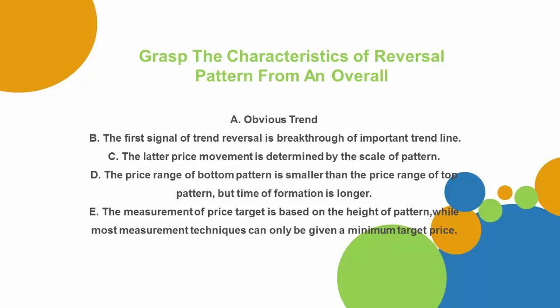The next one, the price range of bottom pattern is smaller than the price range of top pattern, but the time of formation is longer. So what does that mean? Here it tells us that this is a strong stock, maybe we can pay more attention.